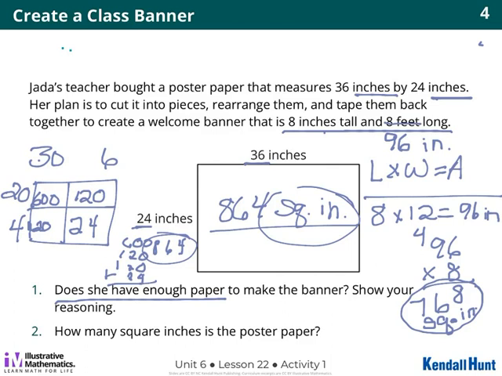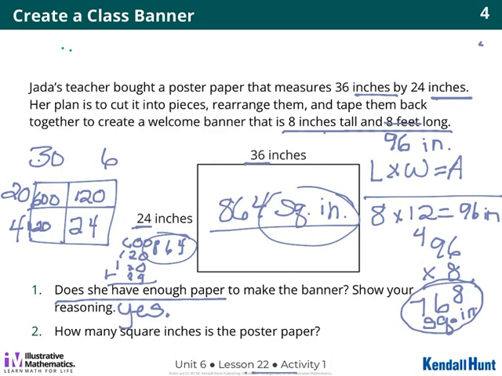Does she have enough paper? And you have to tell me how you know. Okay, Riker. No, because if you converted feet, you still need 8. Okay, Jace. Yes, because you would take the answer you got from 96 times 8 and subtract it from 864.